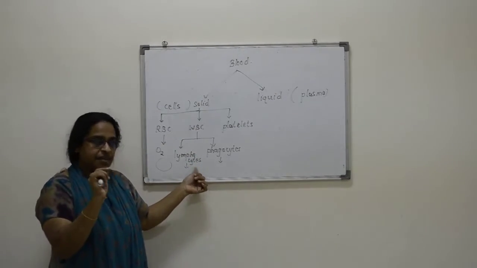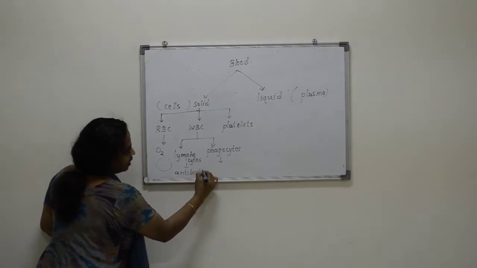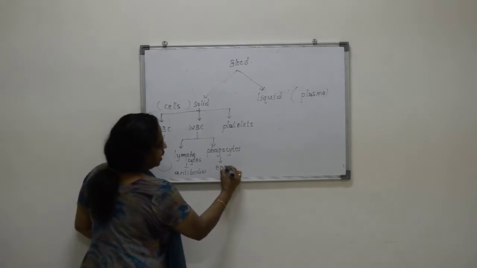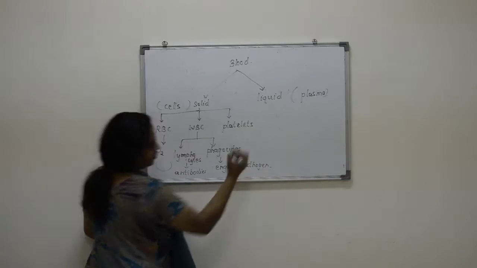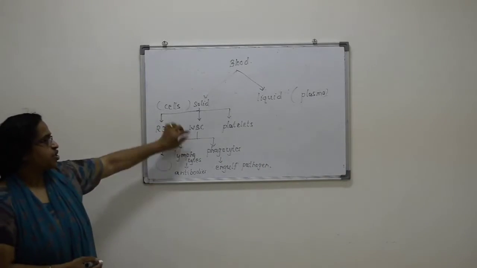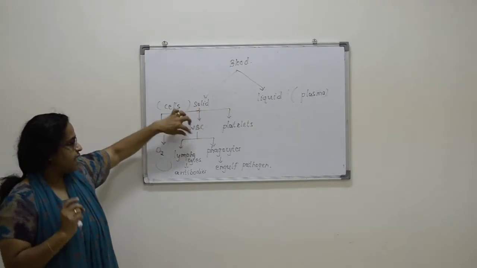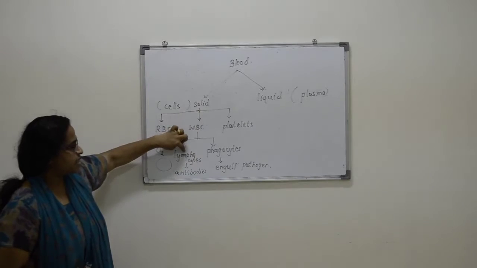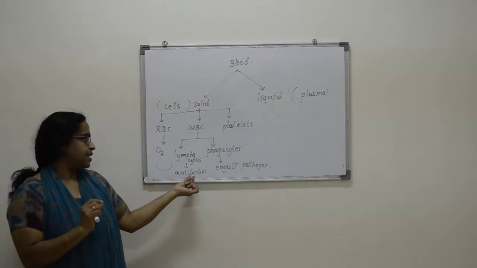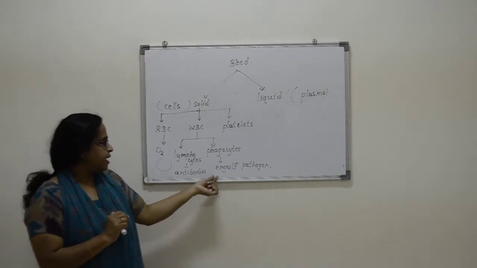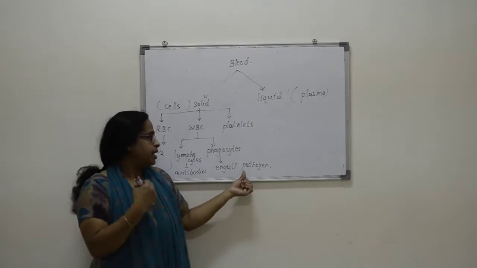Lymphocytes make some chemicals known as antibodies, and phagocytes engulf the pathogen. So the function of white blood cell is to fight against the pathogens, and there are two kinds, lymphocytes and phagocytes. Lymphocytes are making chemicals like antibodies and then they are fighting, and phagocytes are engulfing pathogens.